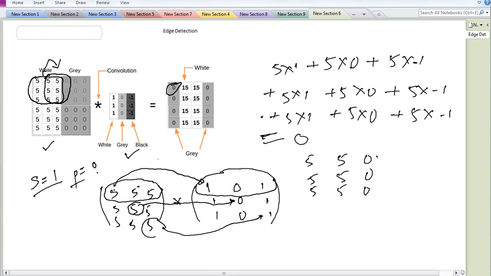You have to convolve with the filter, which is 1, 1, 1, 0, 0, 0, minus 1, minus 1, minus 1. If you multiply and add them, you will get the net value as 50, which is shown here.